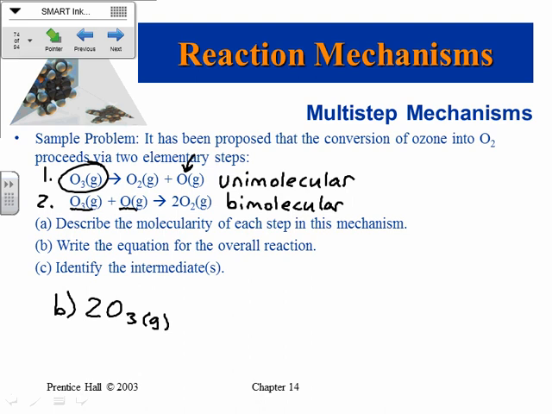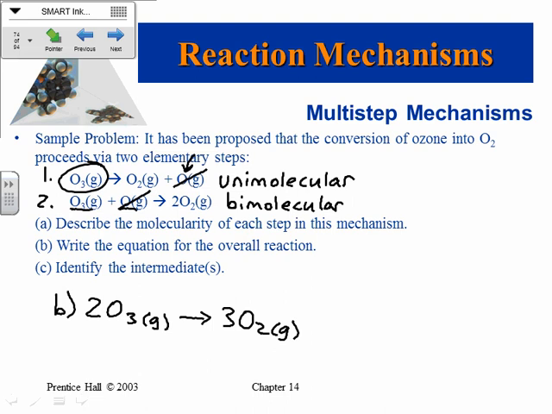We've got this oxygen here, but that cancels out because it's on the reactant side in one reaction and on the product side in the other. And then what do we end up with on the other side? O2, how many? We have 3 of those. That looks like it balances out. We've got 6 oxygens on this side, 6 oxygens on this side. So there's your balanced chemical equation for the overall reaction.